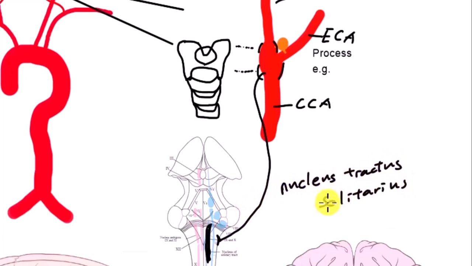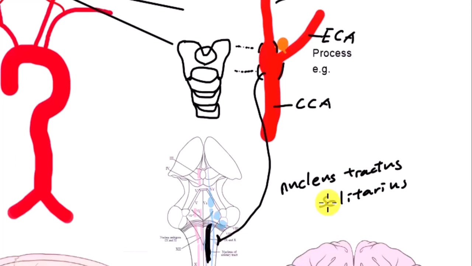Nucleus tractus solitarius sends signal in two ways. It can send signal to parasympathetic nervous system and sympathetic nervous system. So depending on the need, it'll modulate either of them and change the blood pressure. And the change in blood pressure will feed back to the baroreceptors of the carotid sinus.